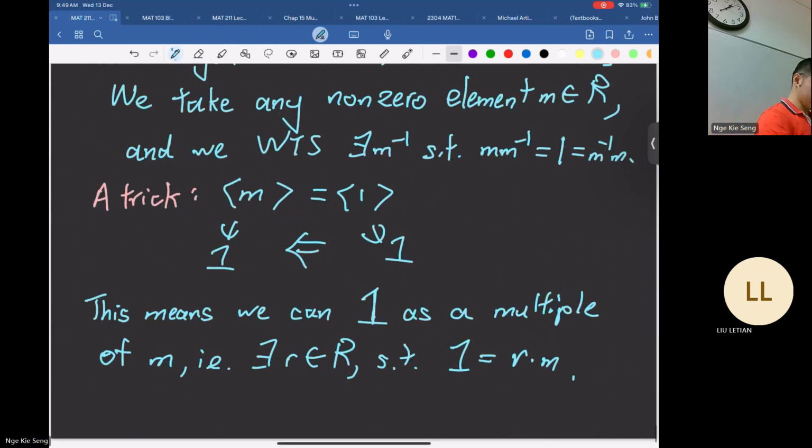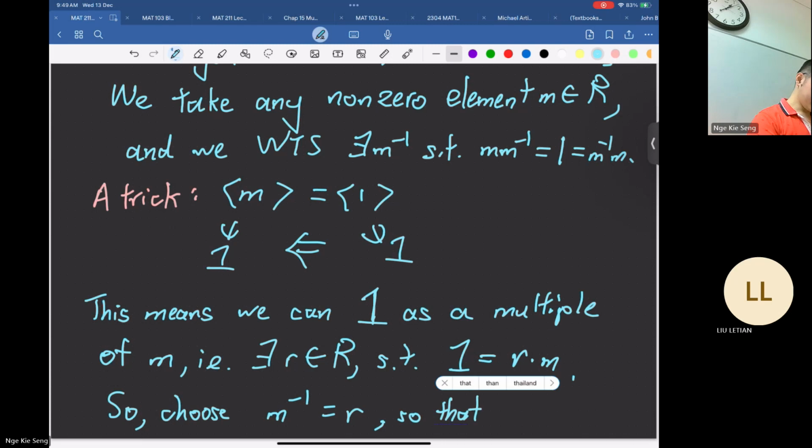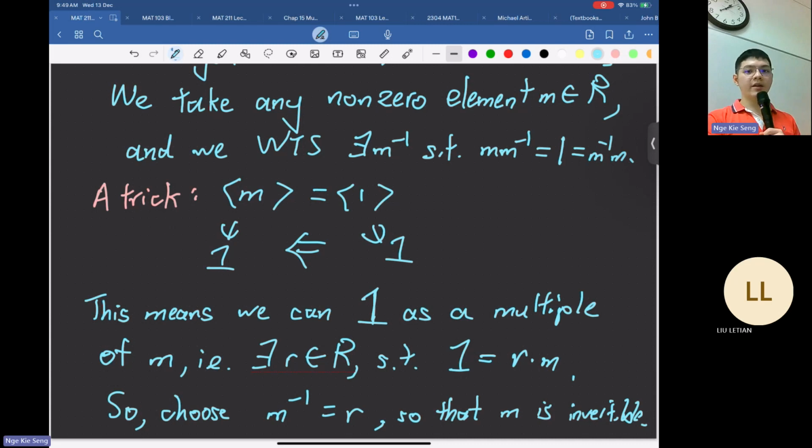So you can choose your M inverse to be R. Any question before we take a break? Any question before we finish?